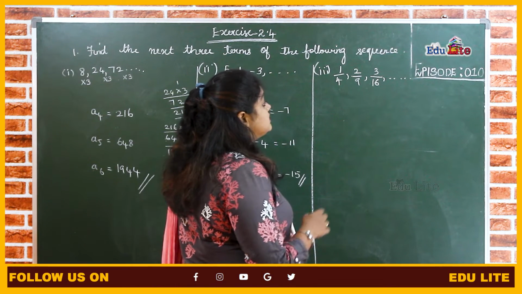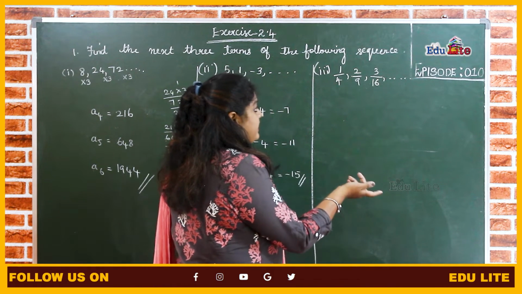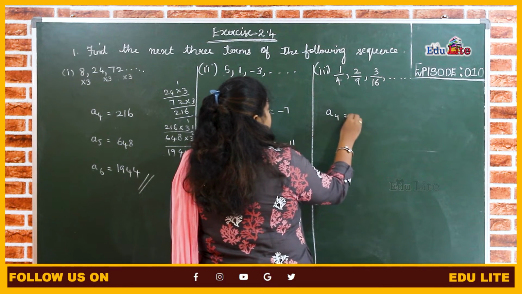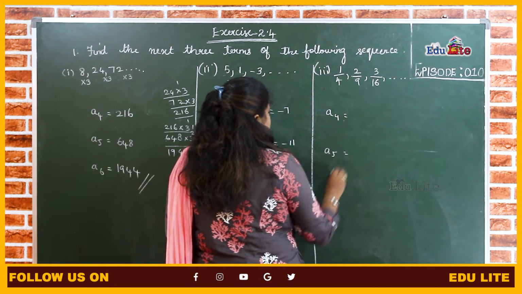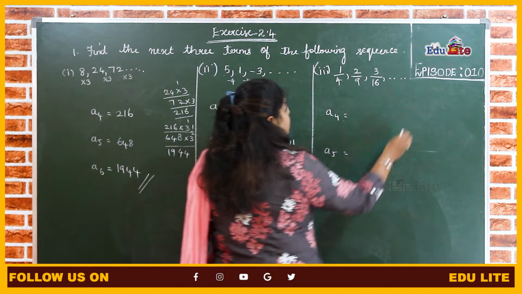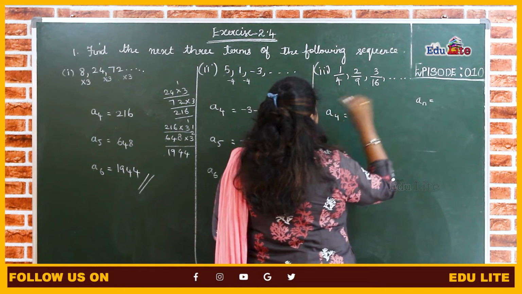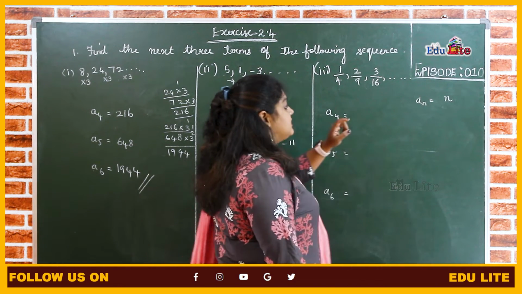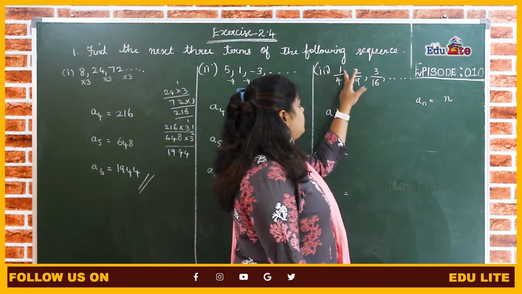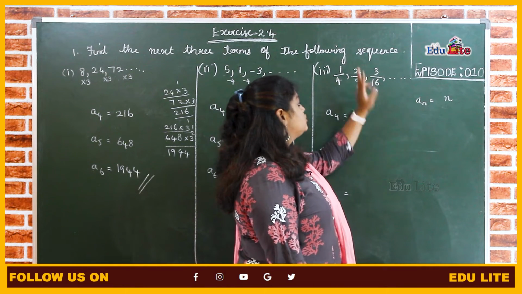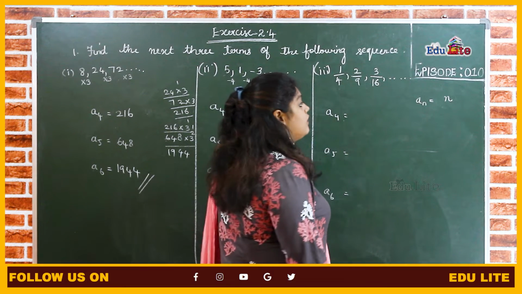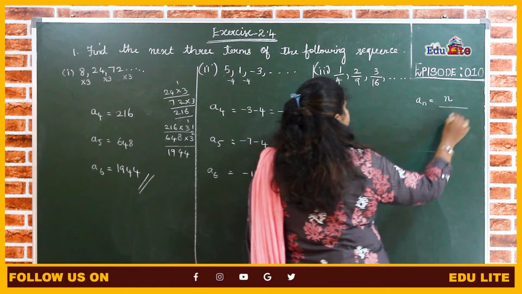So only after writing the An for this sequence, we can find A4, A5 and A6. We will write the nth term for the sequence given, and in the numerator we can directly write n, because the first value of n we take as 1, second value 2, third value 3. So the numerator is in that format and the denominator we have to frame.